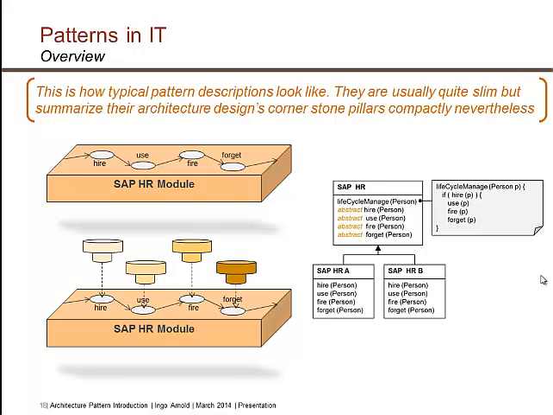Furthermore, we see how SAP has decided to generically implement this method based on their experience and respective research. So if a person gets hired, that person will be used by the company, then fired, and finally be forgotten about. So what we have here is a very concise blueprint of a design that we can and will implement now in Java.